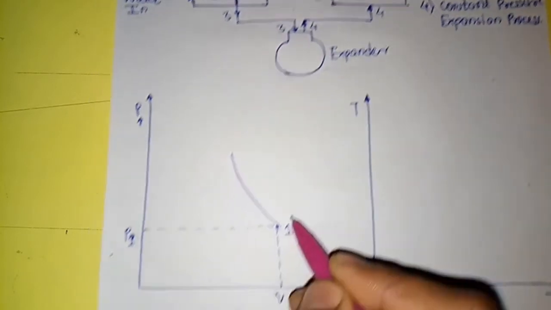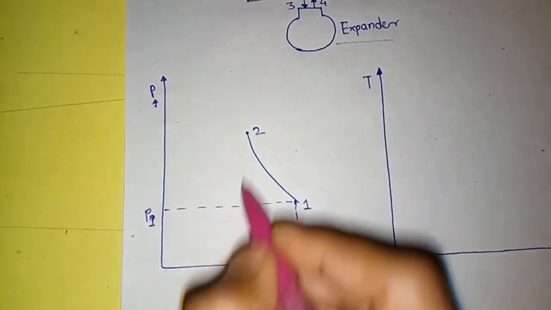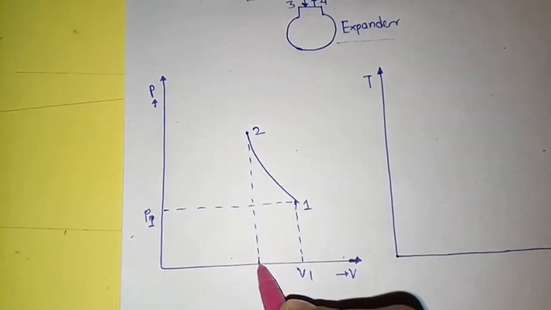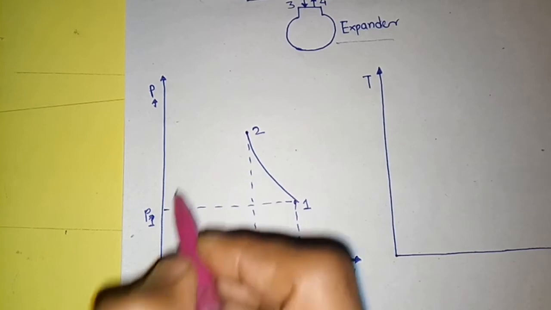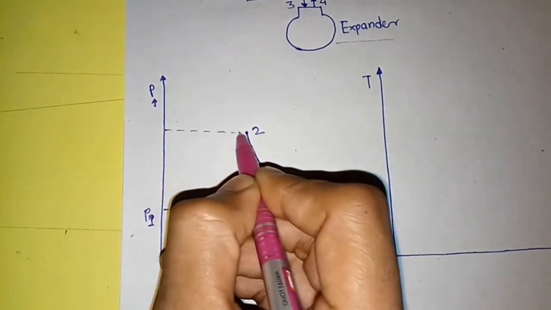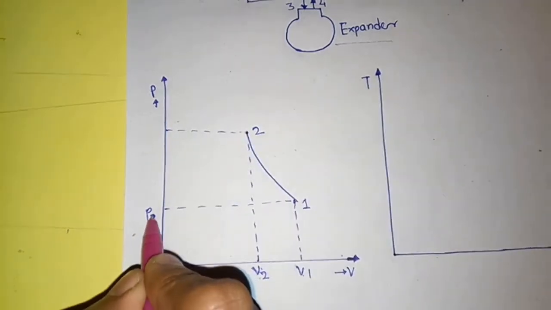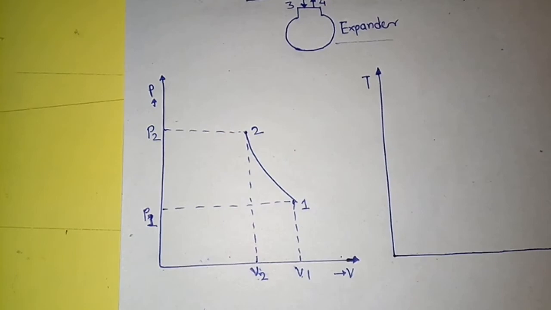At the outlet of the compressor, the specific volume of the air decreases from V1 to V2, and the pressure of the compressed air increases from P1 to P2.